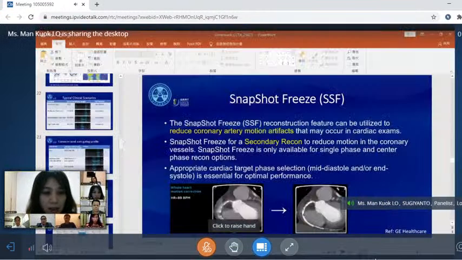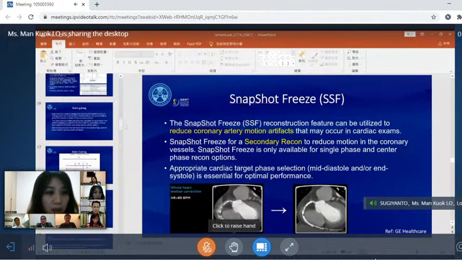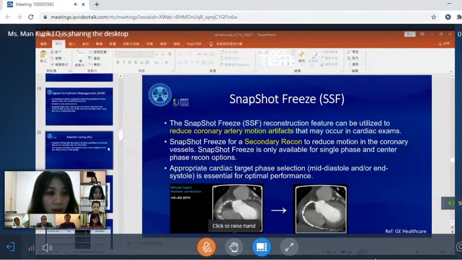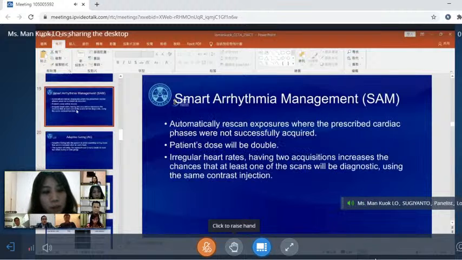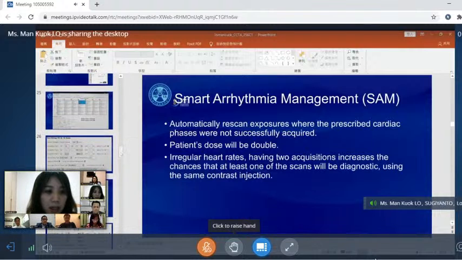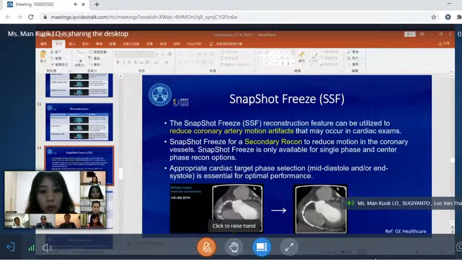It will scan once more, waiting for a normal heartbeat to scan. And then the other one is smart rearrangement. We scan one more time to get enough data. And the second part is reconstruction. We have a snapshot phase function. It will minimize the motion artifacts. That's all? Yes, that's all.